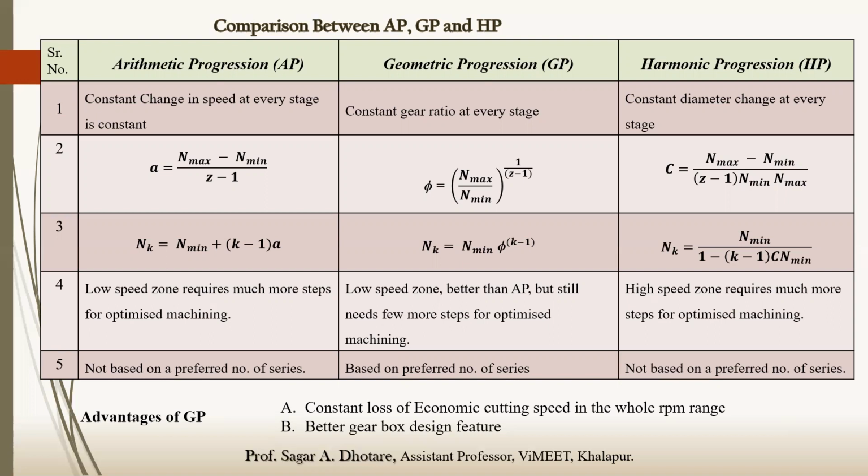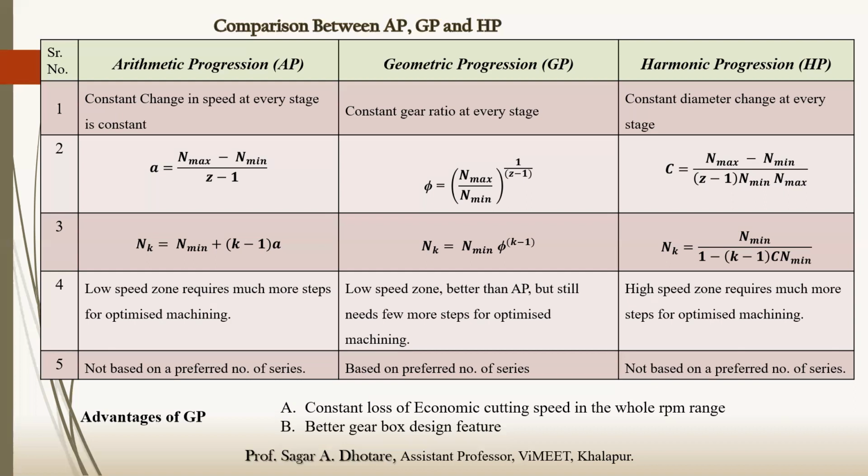In arithmetic progression, the lower speed zone requires many more steps for optimized machining. In geometrical progression, the low speed zone is better than in arithmetic progression, but still needs a few more steps for optimized machining. In harmonic progression, the high speed zone requires many more steps to optimize the machining.